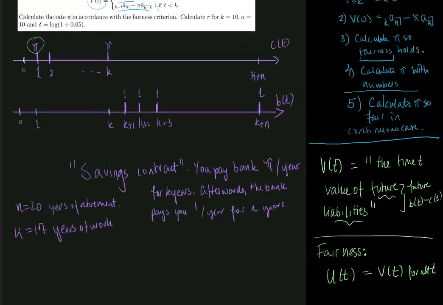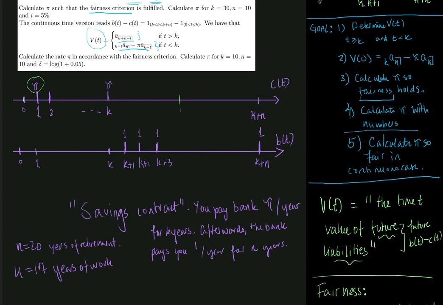And that means if at any time point t, if we're standing here, for example, at time t, then all of my past payments accumulated until time t, that is U of t, has the same value as all of my future payments discounted back to time t. And why is that significant? Well, that is significant in the sense that in that case, neither you nor the bank get an extra profit from this contract. In the end, everything evens out.